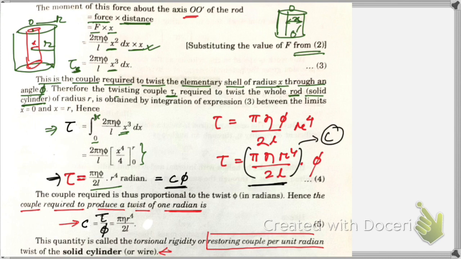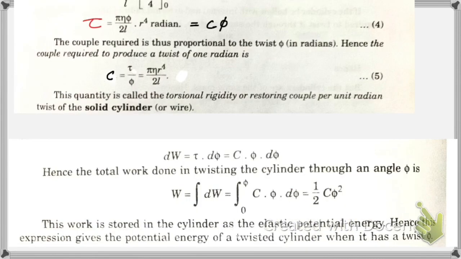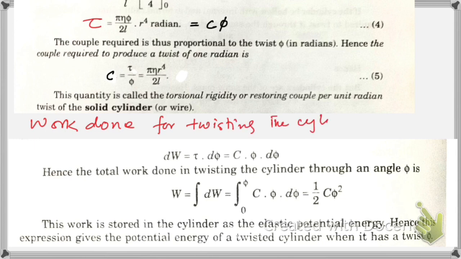Now you see, the work done for twisting the cylinder through a very small angle, suppose d phi, is given by dW is equal to tau d phi.